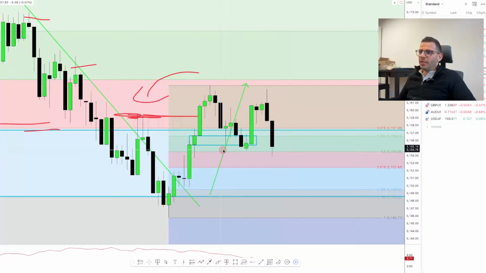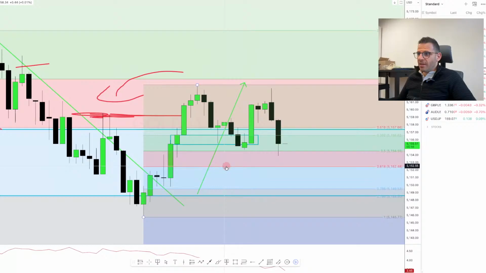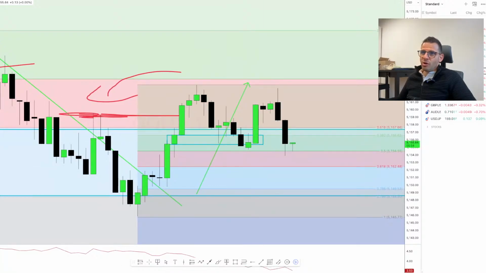The high quality trade was inside this box, as I explained, the low volume node area. Inside that box was the LVN, low volume node.